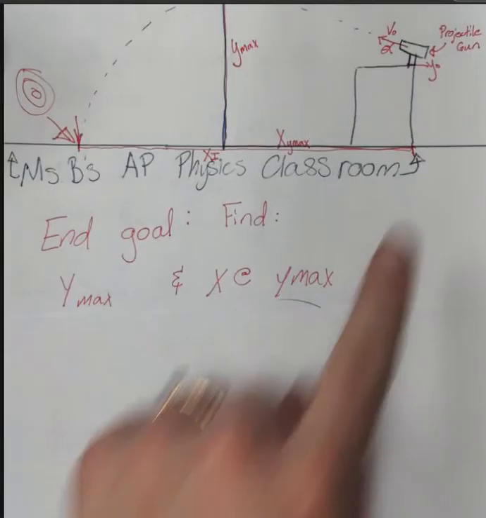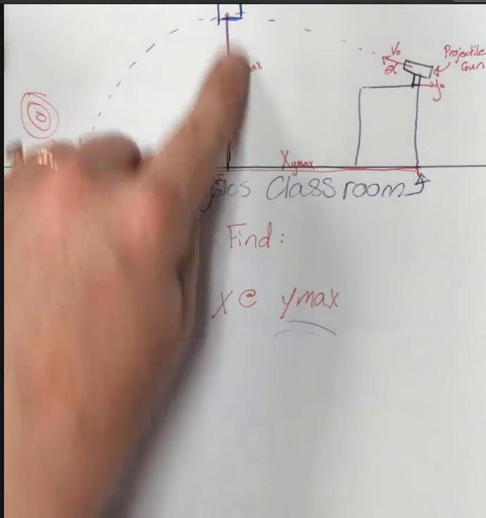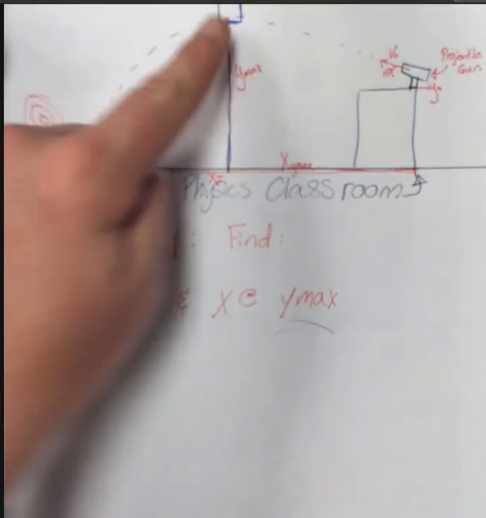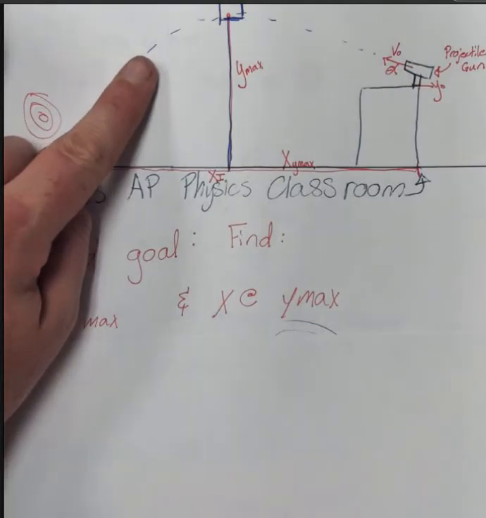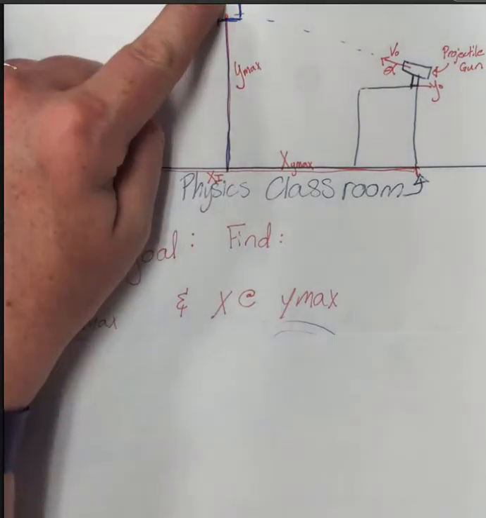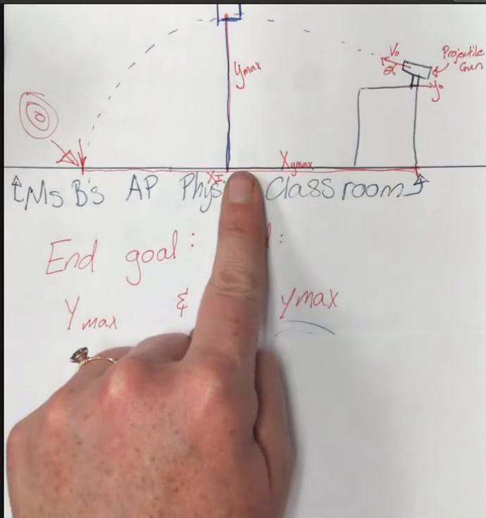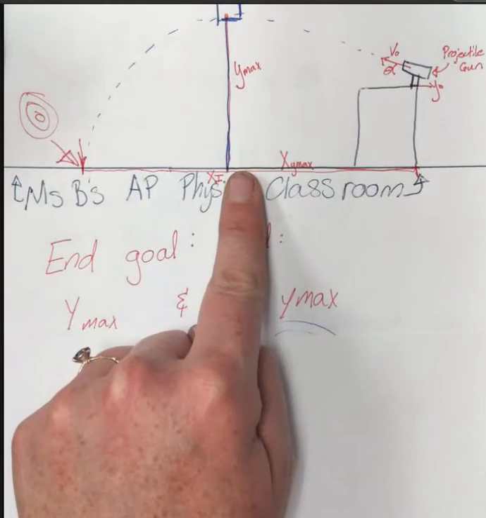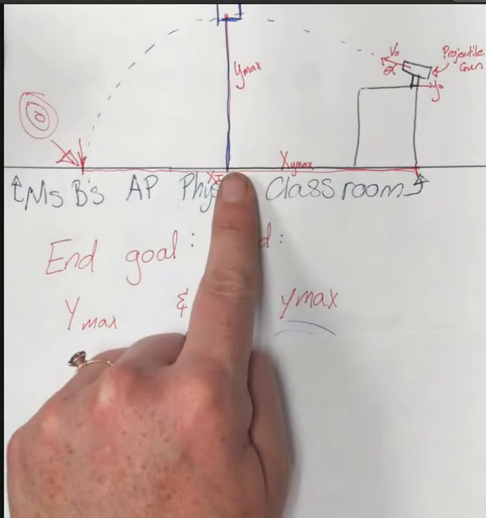And not only are you going to need to find that position, you're going to need to find how far away from its initial position in the horizontal that you have it.